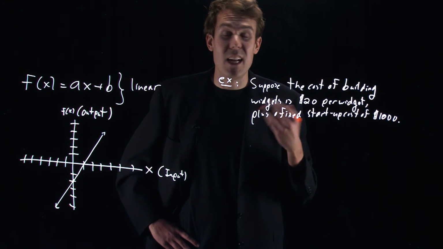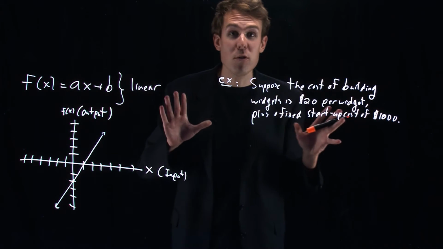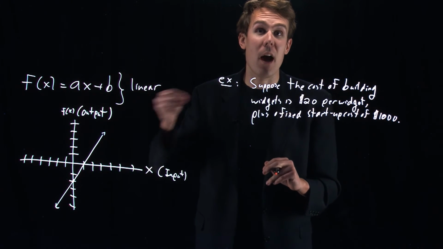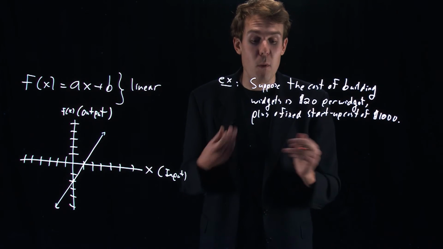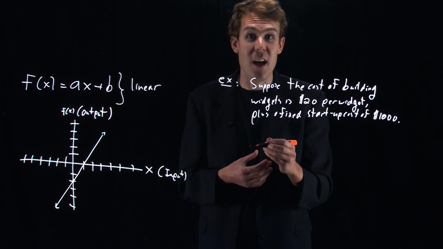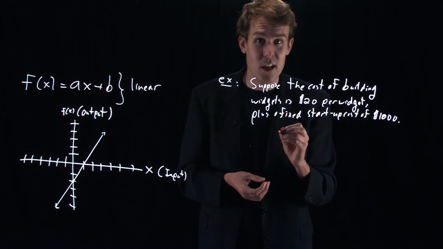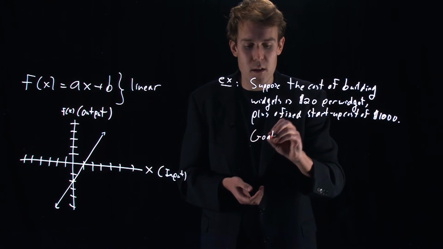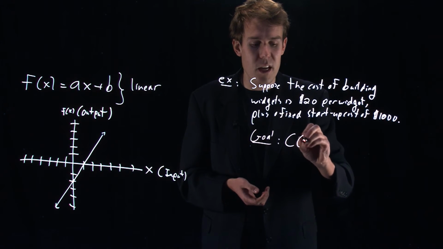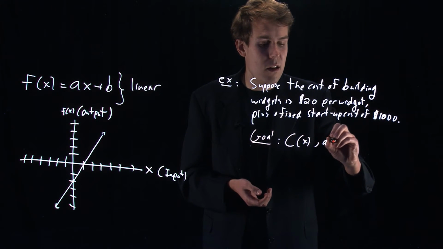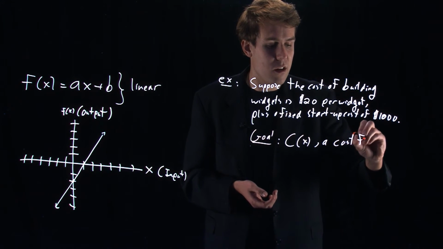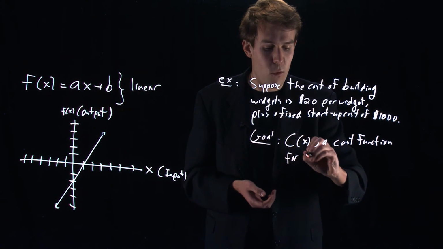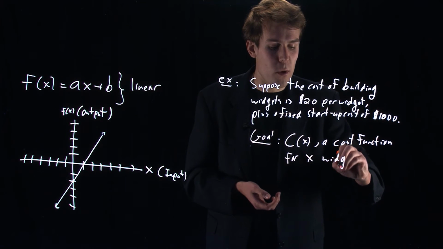So you can think of this as I had to pay $1,000 to get all the tools I needed to make any widgets, and then after that, it still costs $20 per widget to make. So what we want is a function of the number of widgets that is the cost of making them. So the goal: c of x, a cost function for x widgets.